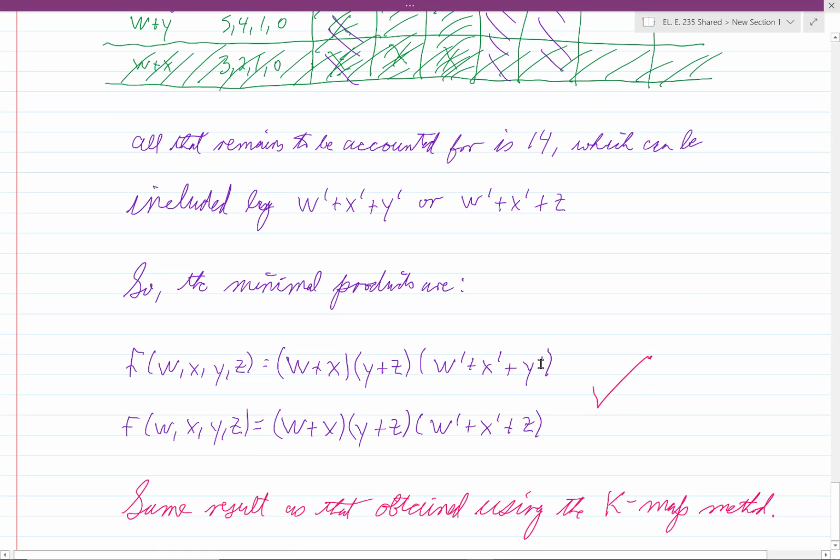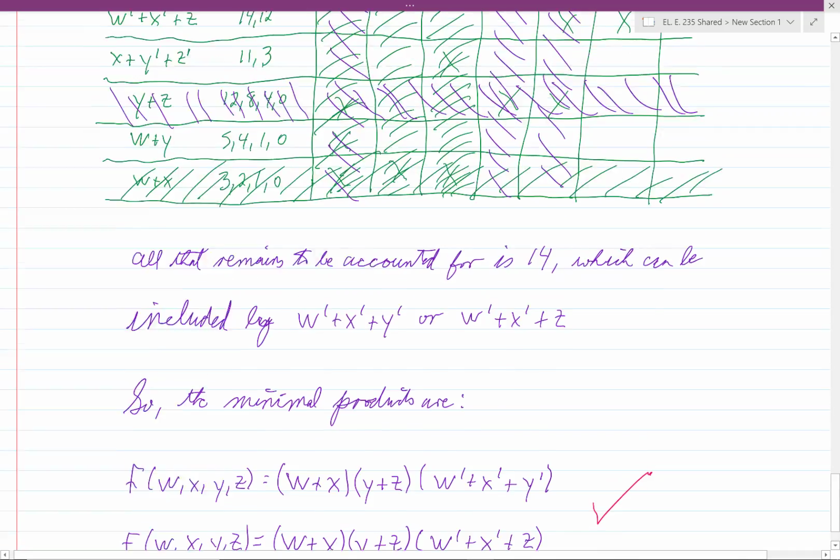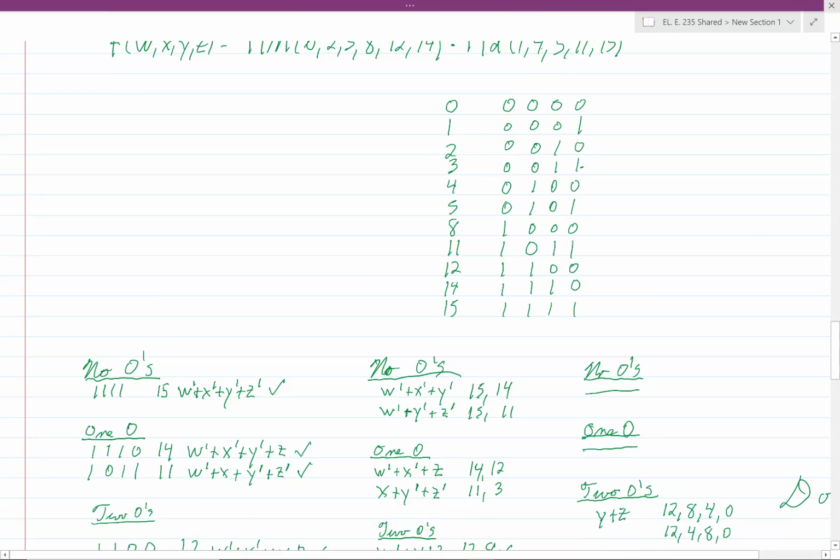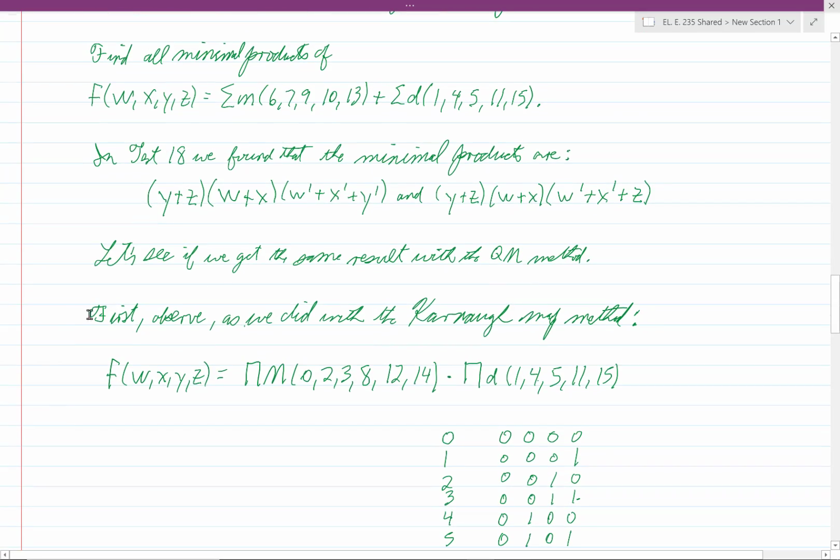And if you compare these two minimal products with what we said above, these are exactly the two minimal products that we obtained in test 18 using the Quine-McCluskey method.